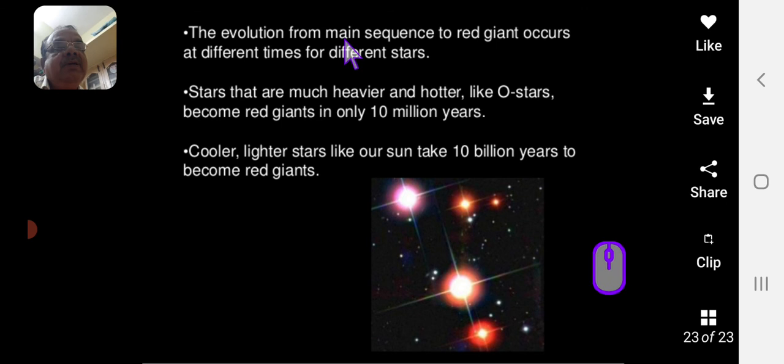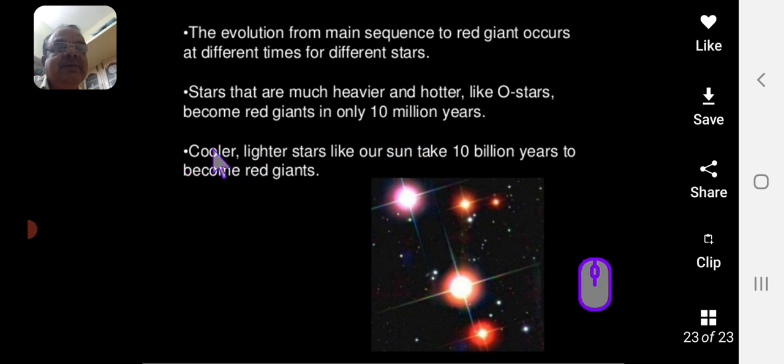So the evolution from main sequence to red giant stars happens at different times for different stars. Stars that are much heavier and hotter become red giants in only 10 million years.